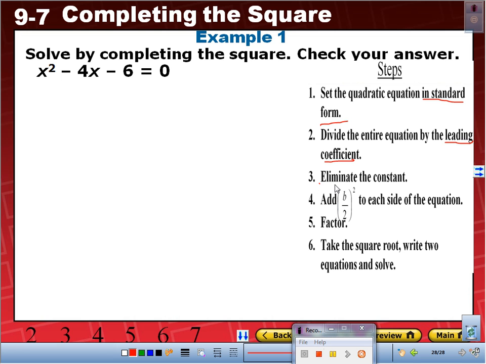Step 3, eliminate the constant. Here the constant is negative 6. To get rid of it, I do the inverse, which is what? Add 6 to each side. Do that step with me, please. And we're left with x squared minus 4x, leave a space, equal to 6.